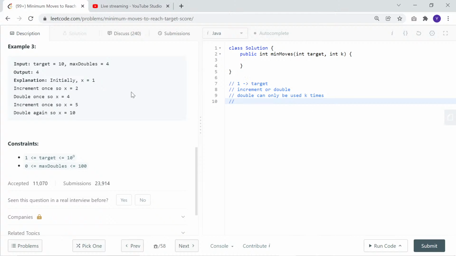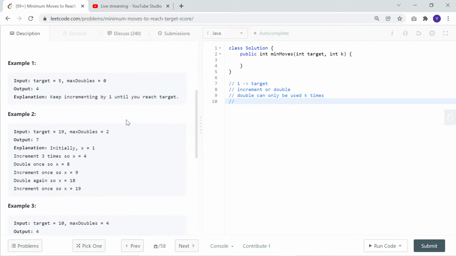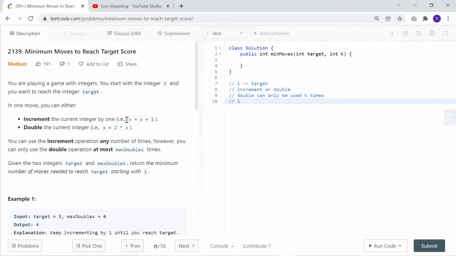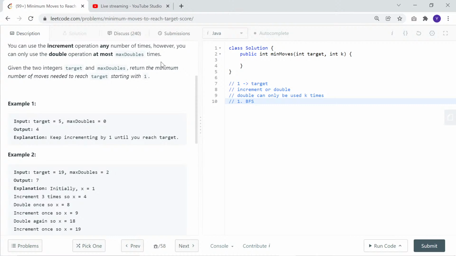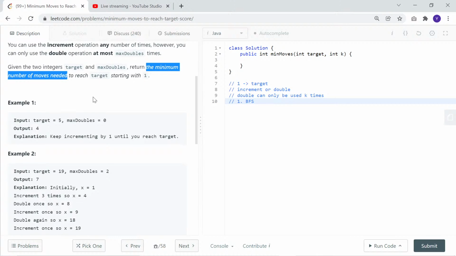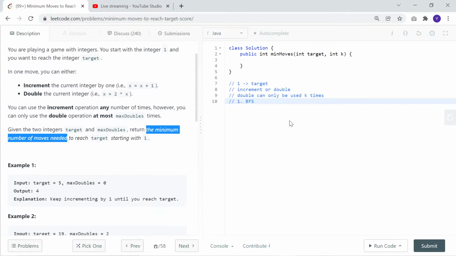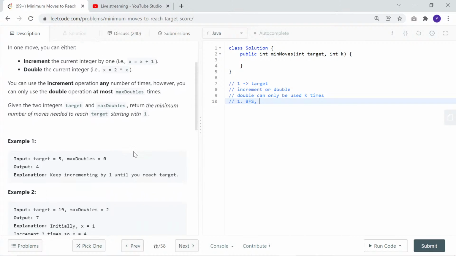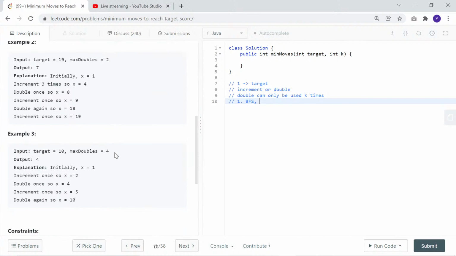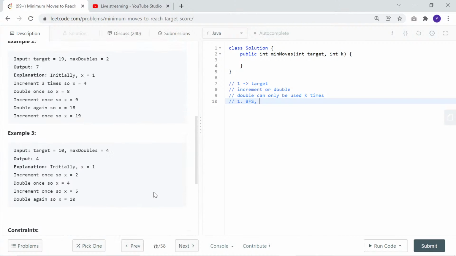I actually didn't do very fast in the contest because I was trying something wrong. I thought it's a BFS question, breadth first search, because I saw the return the minimum number of moves needed to reach target. But the problem of BFS is I implemented the BFS and it passed all the examples, but then I got a TLE, time limit exceeded.